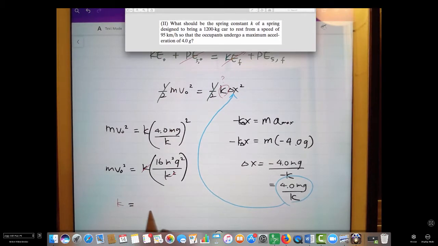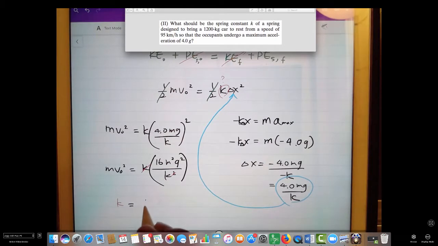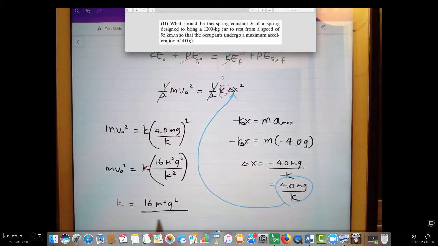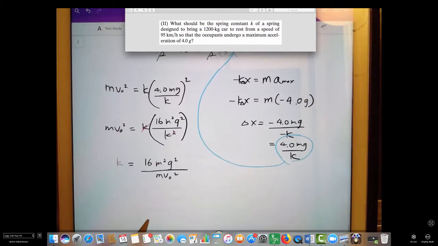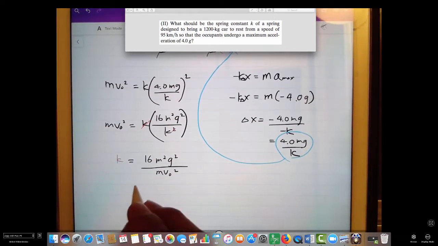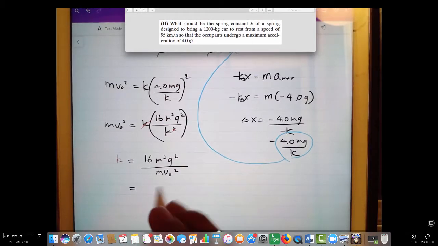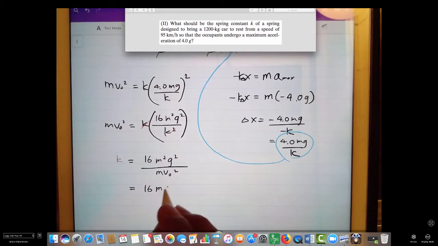So we get 16 m squared g squared over m v0 squared. And notice how the mass can also cancel out partially here. So 16 m g squared over v0 squared.